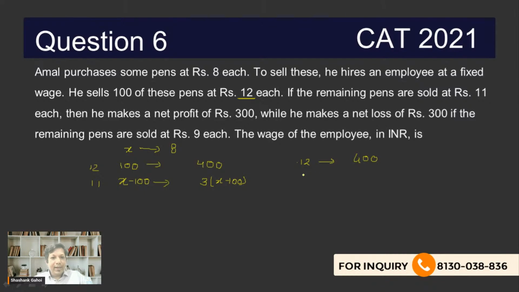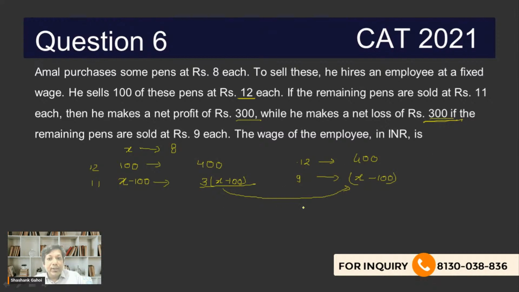If I'm selling at 9, then on the x minus 100 pens I get a profit of 1 rupee each, right? So moving from here to here, my profit was 300, and from a profit of 300 I am moving to a loss of 300.